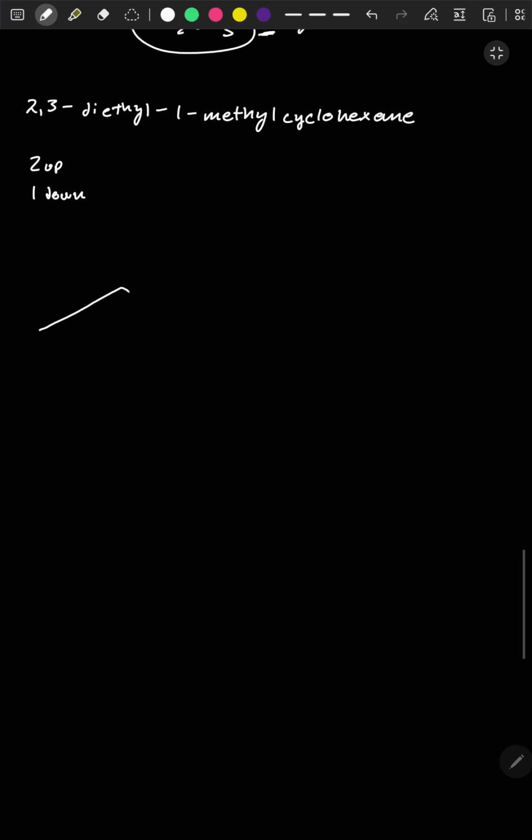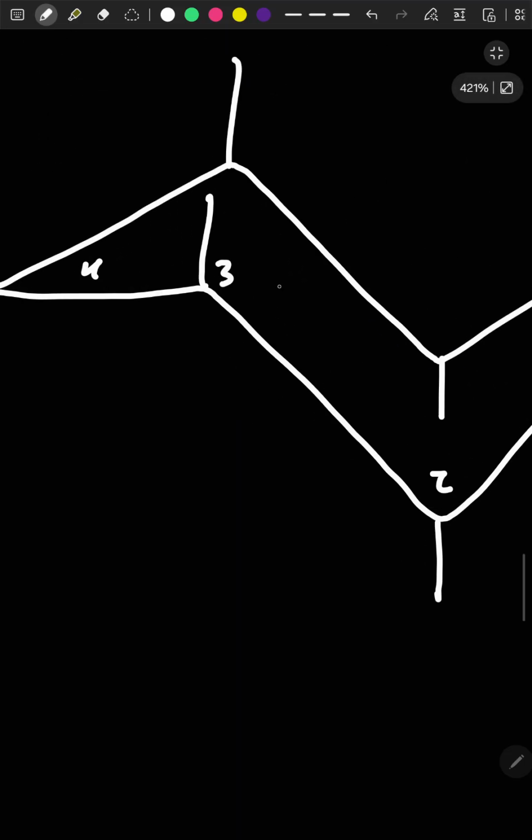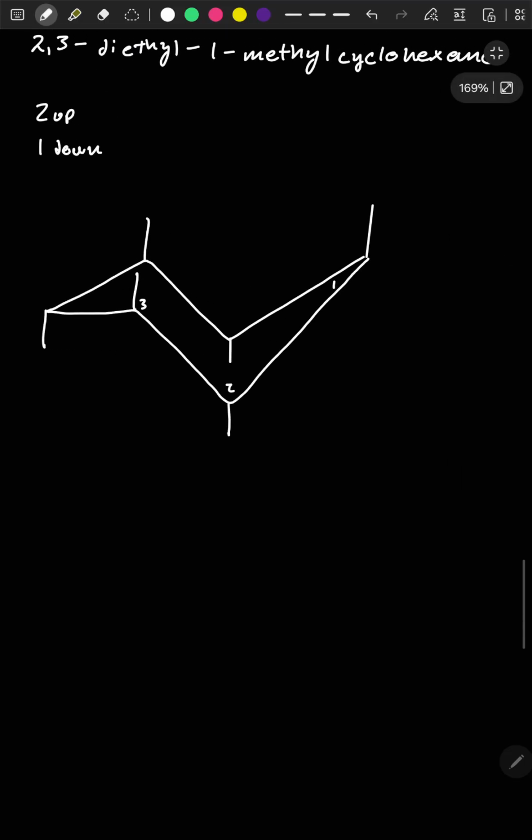So let's go ahead and draw our chair like that, like that. And so we'll call this 1, 2, 3, 4, 5, 6. And we're going to start with one that's going up, down, up, down, up, down. Really 4, 5, and 6 we won't need because we only have groups on 1 through 3.